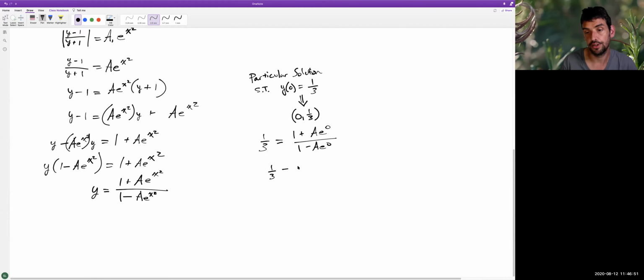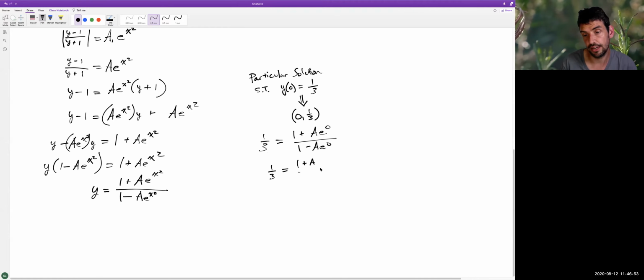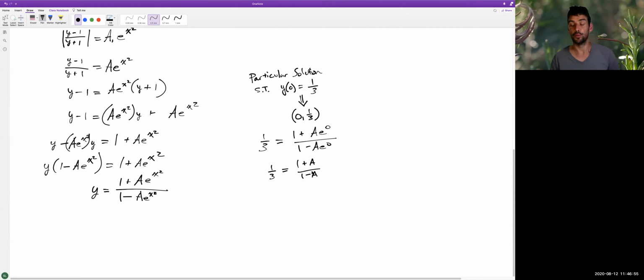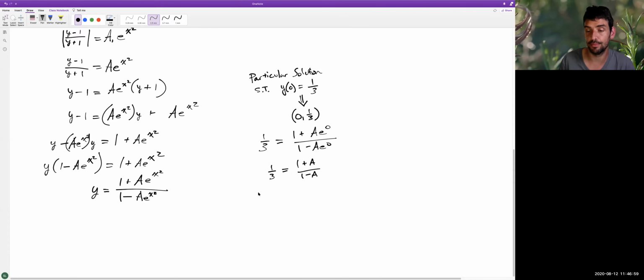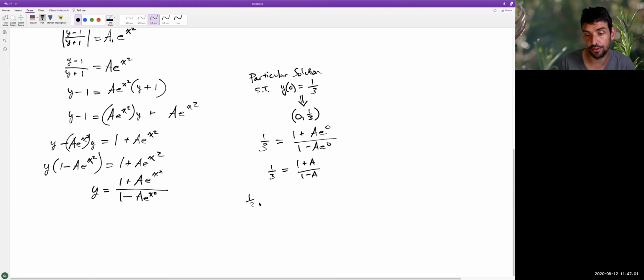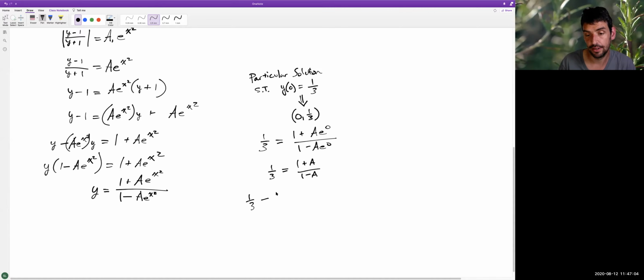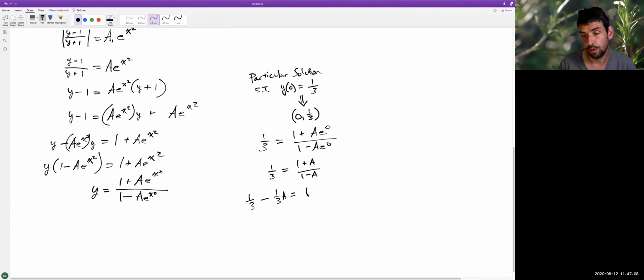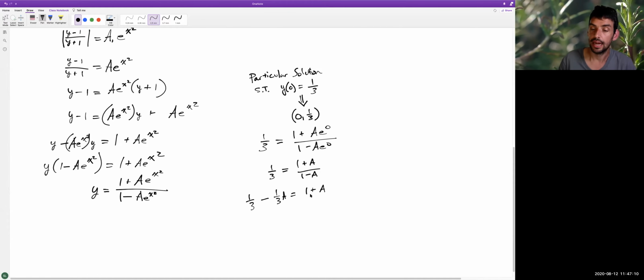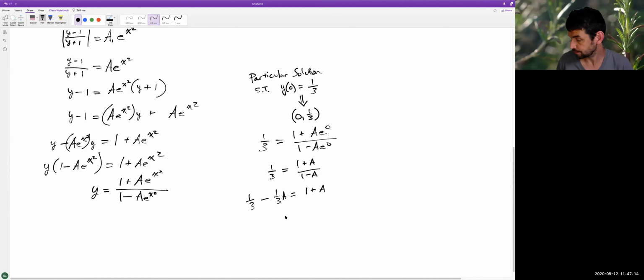So 1/3 is equal to (1 plus a) over (1 minus a). We're going to do that same trick we just did a minute ago to solve for a. I'm going to multiply it to the other side. I get 1/3 minus 1/3 a is equal to 1 plus a. I can add the 1/3 a to the other side and subtract 1.